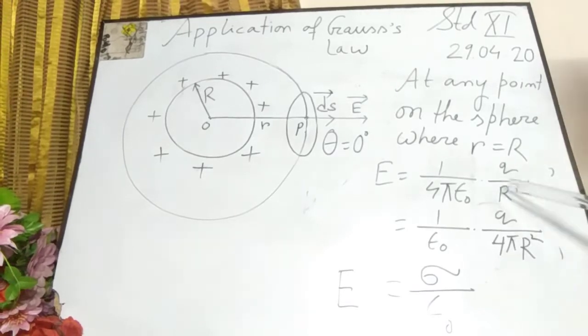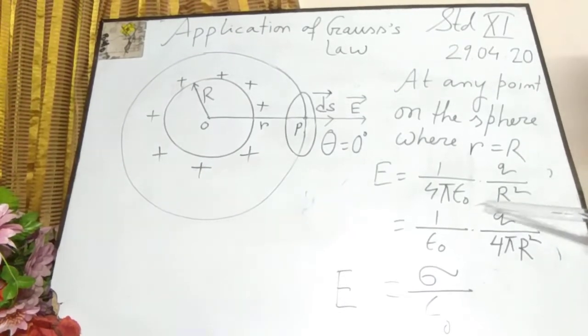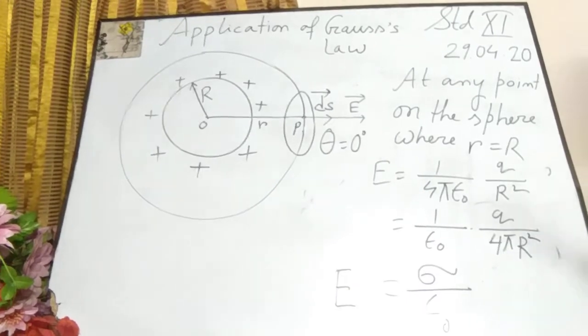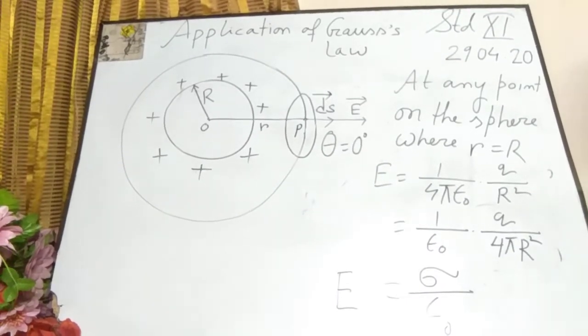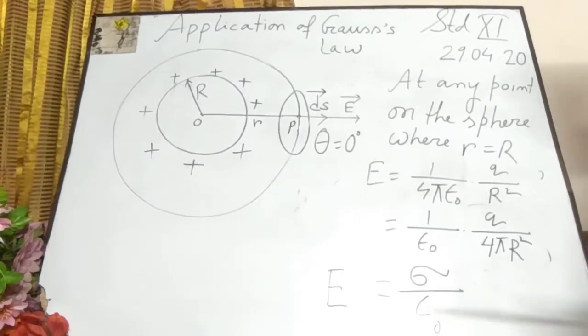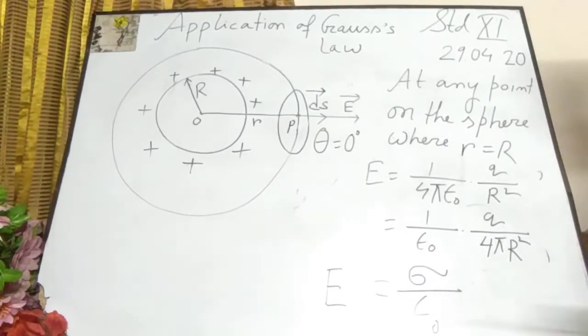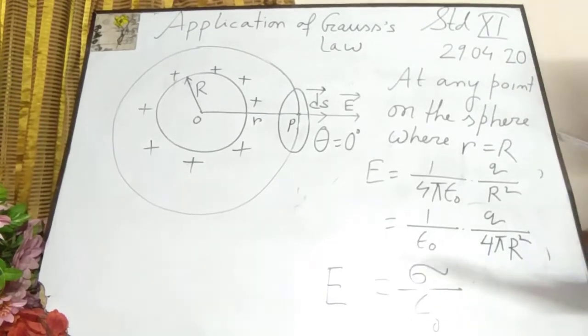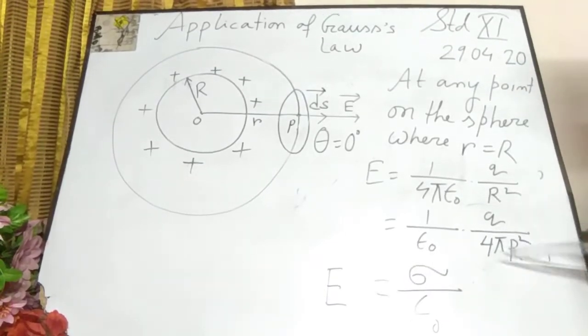But look everybody, Q by 4 pi R square has another meaning, that is charge density. Charge density is denoted by sigma, and sigma equal to charge per unit area.